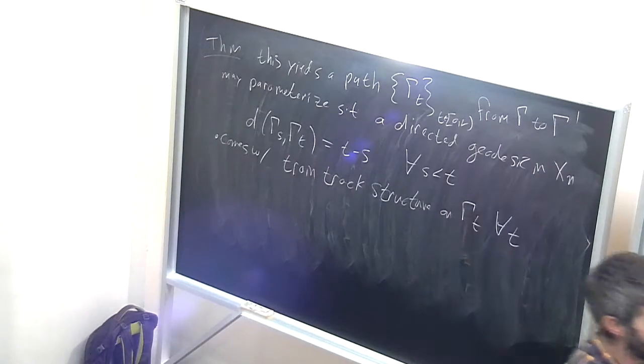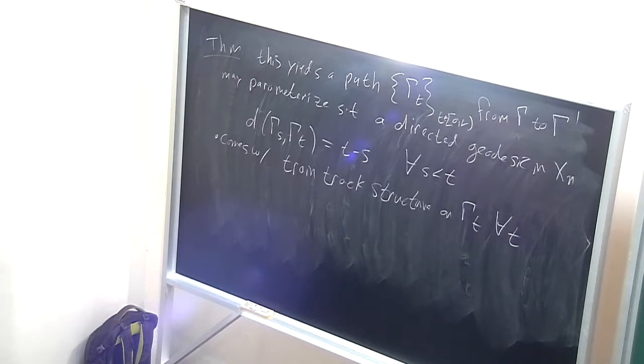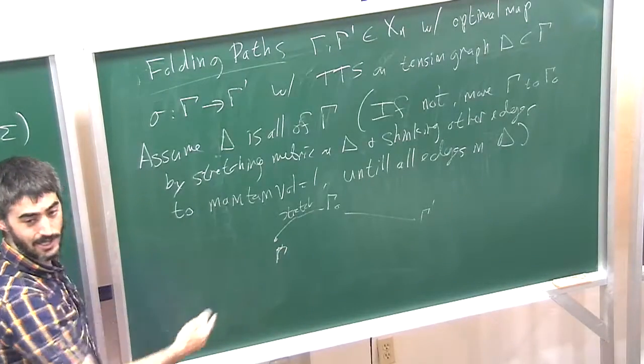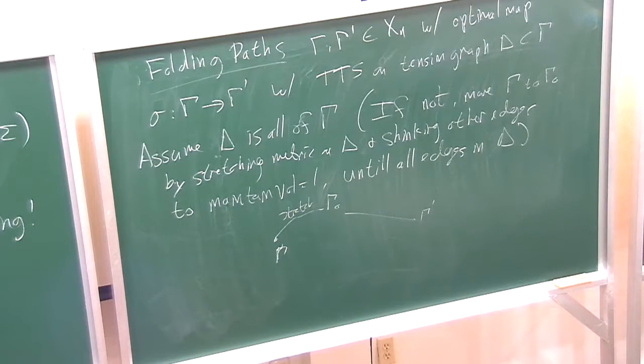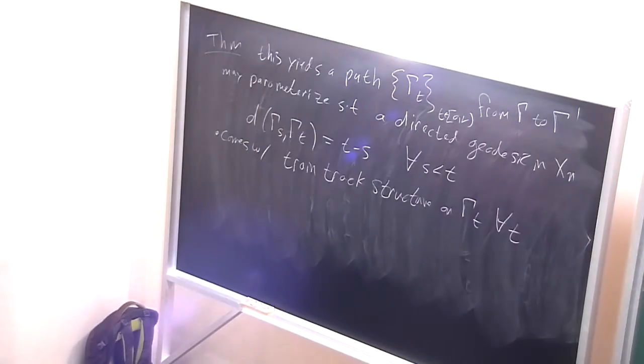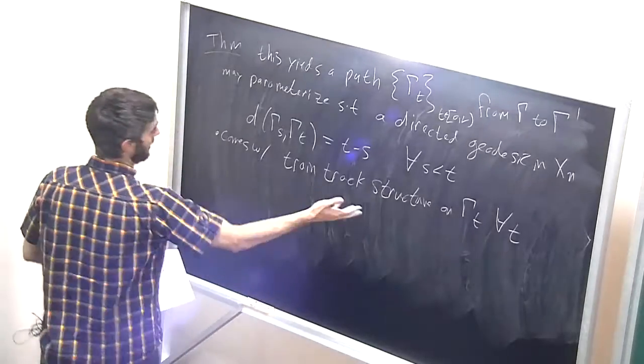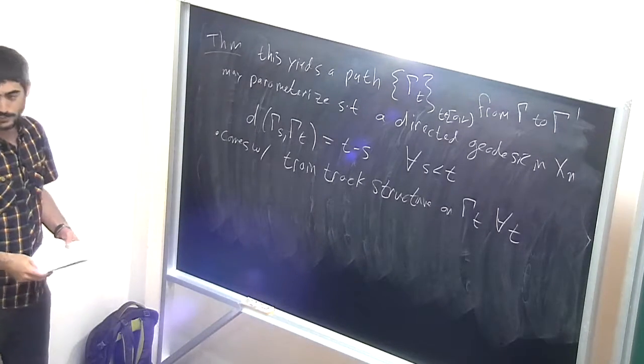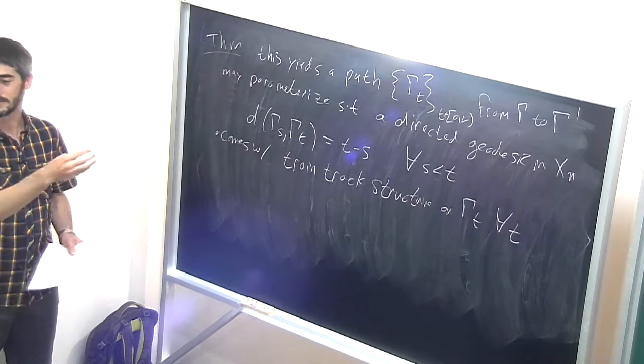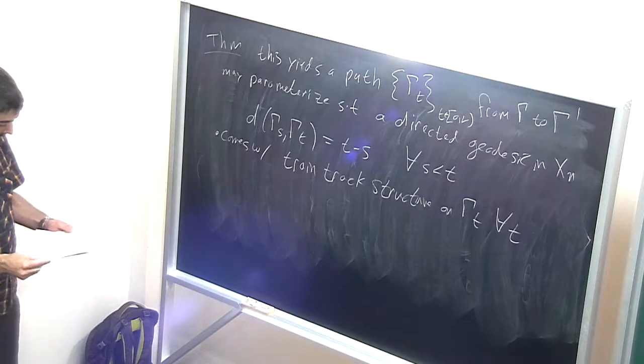I could first do this rescaling business until I get an optimal map where the tension graph is everything, and then I can fold, and I'll get to the place I want it to go, and I'll have built a directed geodesic between the 2 points. And they're geodesics with this particular structure of a legal turn structure with at least 2 gates at every vertex at every time.